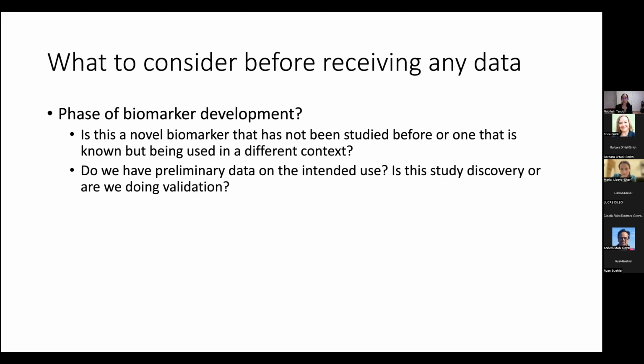There's an argument for building it up like we do in clinical trials, where phase 1 is smaller studies, phase 2 a little bigger, and phase 3 is large trials. You don't want to immediately go to a large trial when you only have very preliminary data that's not even in your intended use population. You want consistency and slow development, because then you're more likely to move the biomarker forward and also not waste resources.